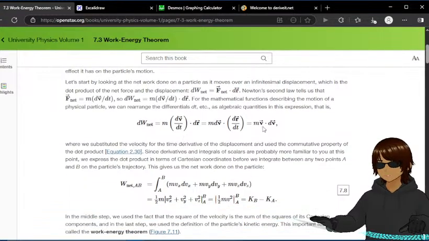So we have m v times dv. Wait, wait a minute. So mass times velocity, dot product with the change in velocity.